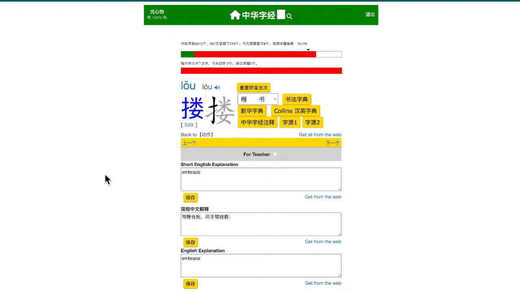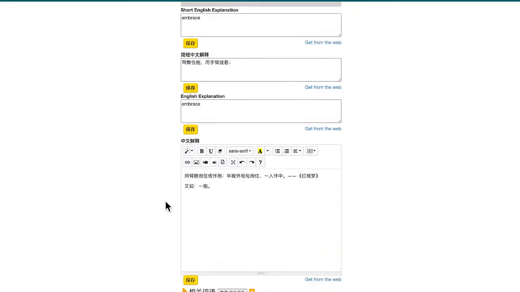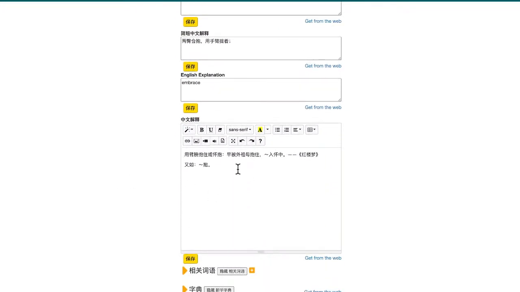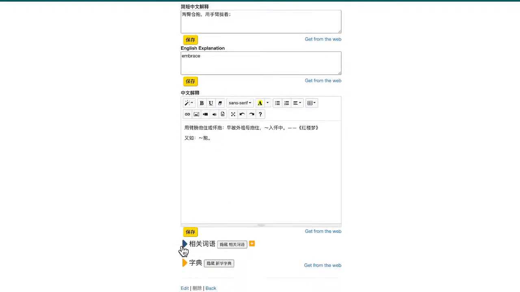That's a little different. 搂 is actually embrace, using your two arms to make a circle and squeeze to your body. That movement is called 搂. The common word is 搂抱.